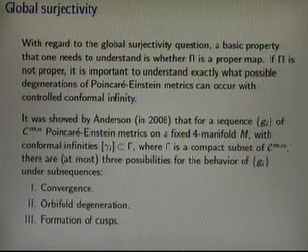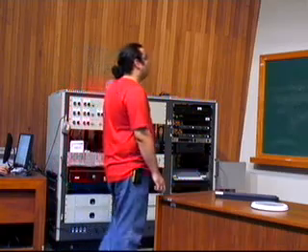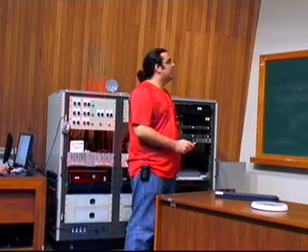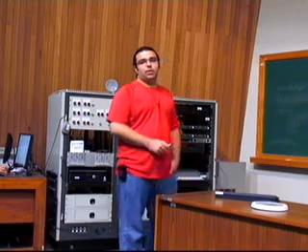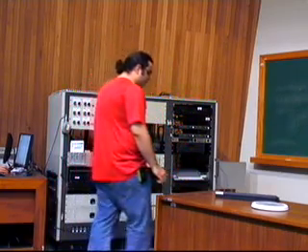You can have orbifold degeneration, so some subsequence converges to a metric with orbifold singularities, or you have formation of cusps. So the problem that he gave me for my PhD was to try to understand these orbifold degenerations a little better. They are not well understood.